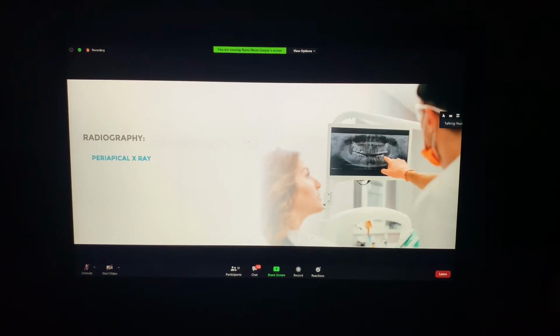And if you have a panoramic, you can also plan the beginning of the case. But when you go to the planning of your implants, it's of utmost importance to have a CT scan.